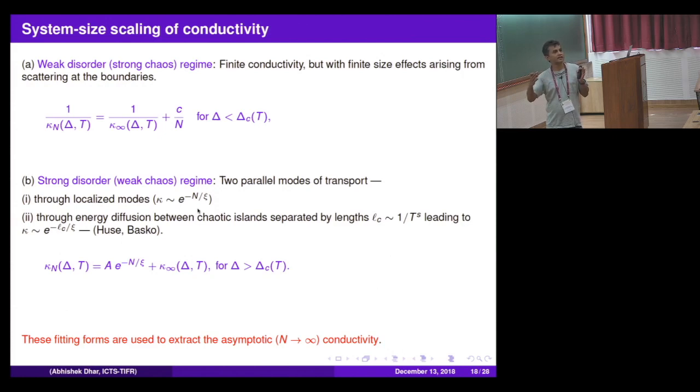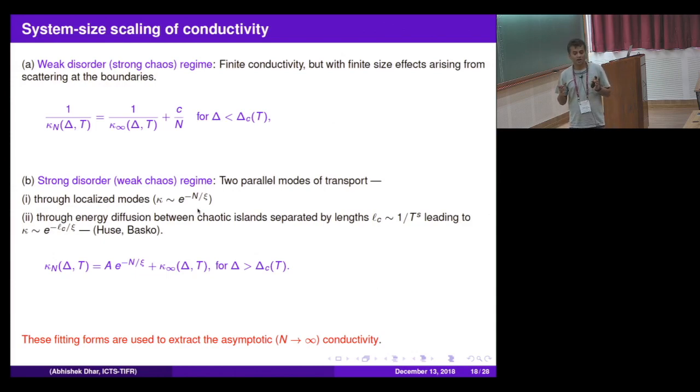If you go to large system size, the boundary effect becomes less important, and then you get a finite conductivity. So you can fit it with the resistance coming from the sum of the boundary and the bulk, a sum of 2 terms, and this would explain the data that we see.